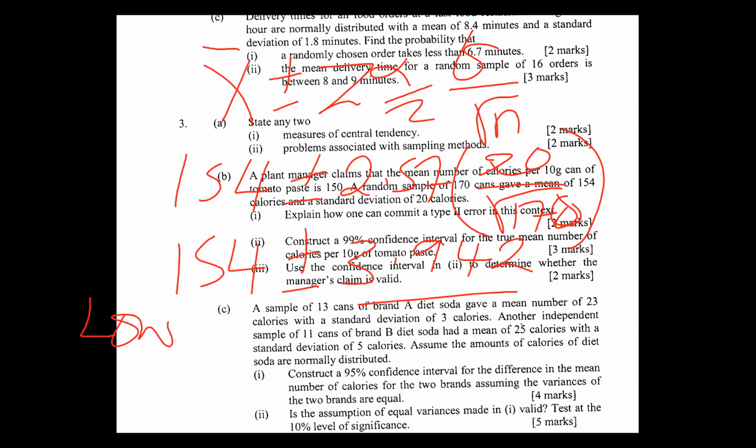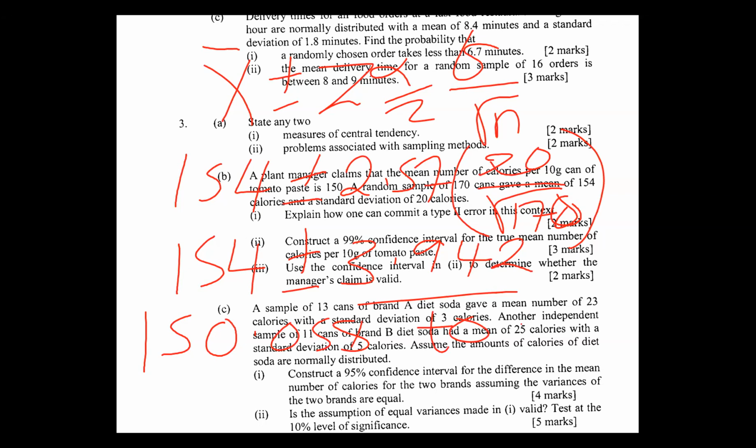What do we get here as the lower value? 150.058. Can you add now that value, 3.942 plus 154?